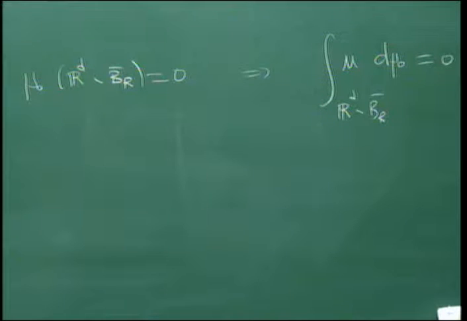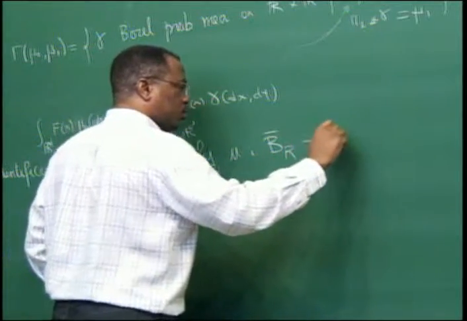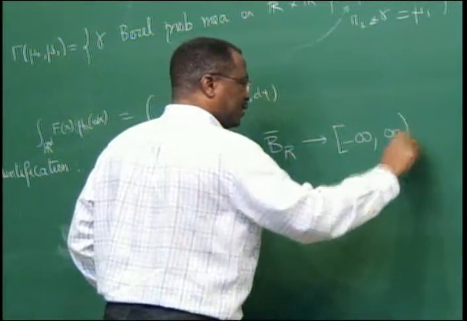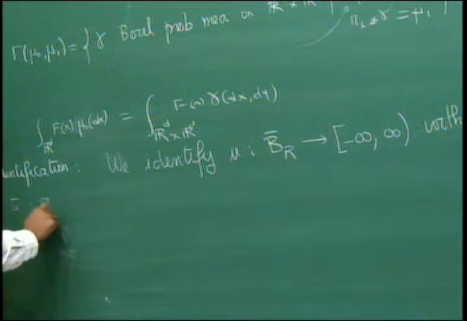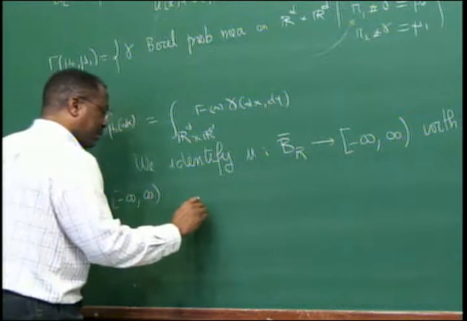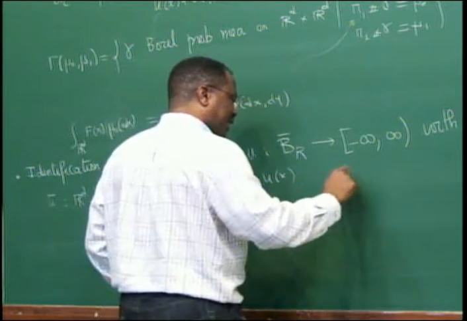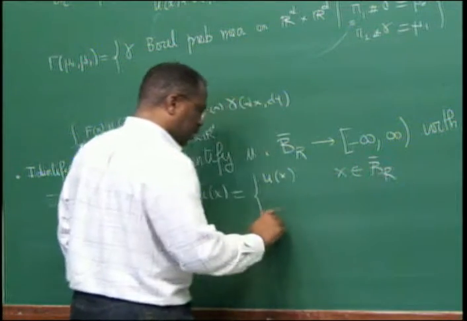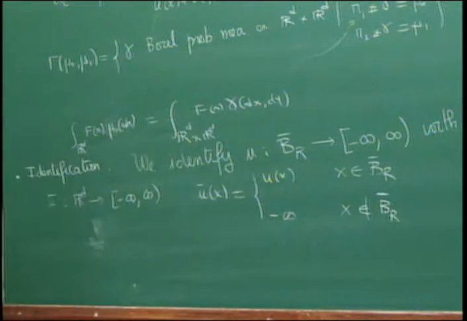Therefore, we identify u from the closed ball to negative infinity, with the function u bar from Rd to negative infinity, defined by u bar of x is u of x if x is in the closed ball, and equal to negative infinity if x is not in the closed ball.